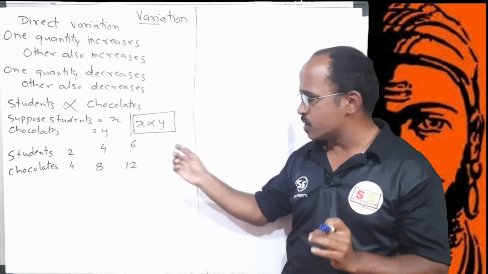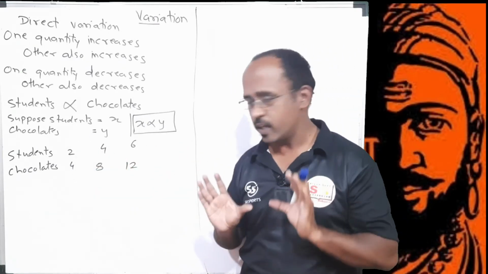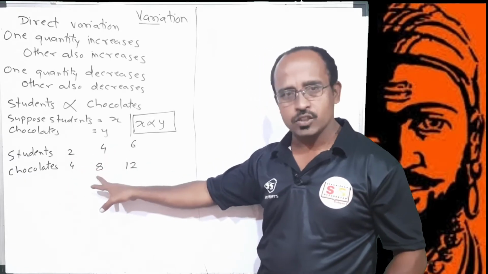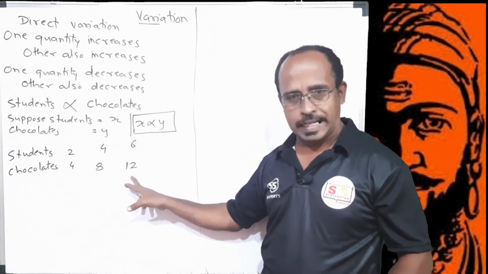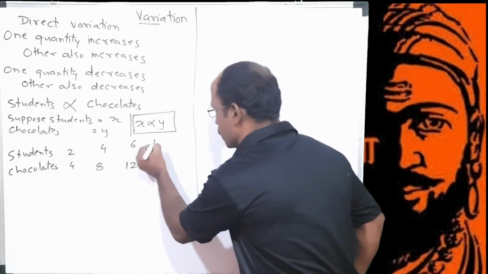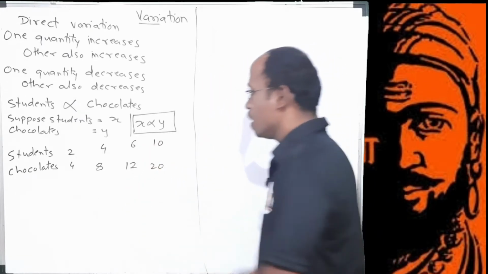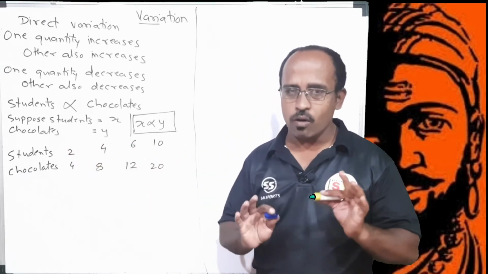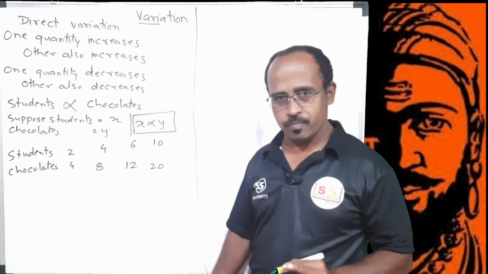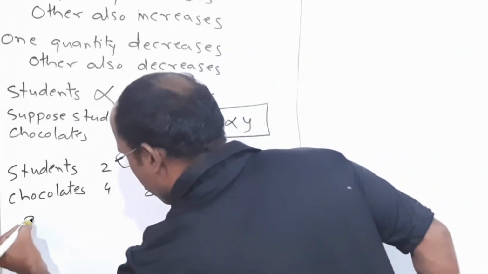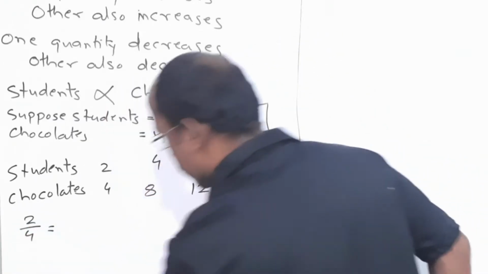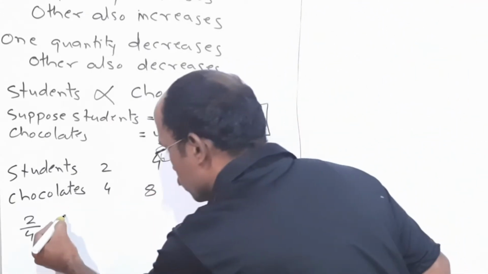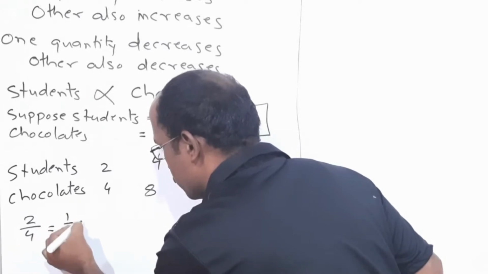Now let us observe the numbers in direct variation. 2 students will require 4 chocolates, 4 students will require 8 chocolates, 6 students will require 12 chocolates, 10 students will require 20 chocolates. Means there is a certain pattern between students and chocolates. And what is that pattern? If we write them in the form of a fraction, 2 upon 4, and simplify the fraction, 2 1s are 2, 2 2s are 4, so its equivalent fraction is 1 upon 2.